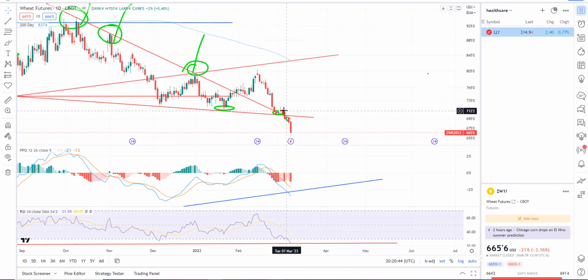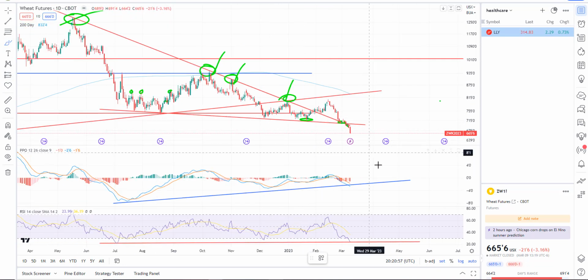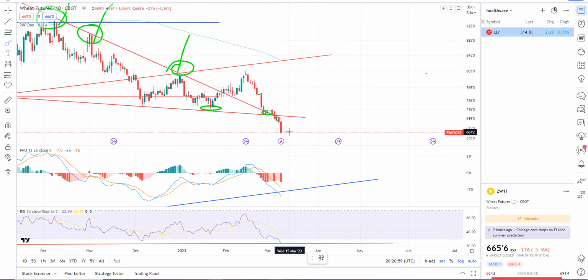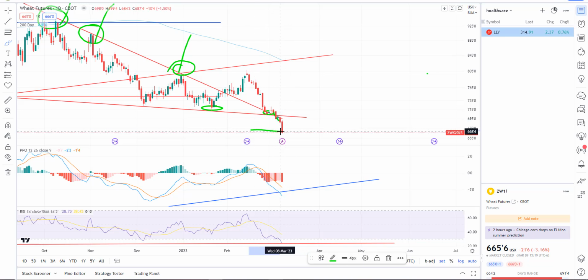Then we have this flush out move. As of now, I'm going to give it a little more room. I think this is a flush out move and they're going to pop this thing back up and recover it. I'm not willing to give it too much more room. I will stop out. That's the name of the game. Sometimes we just have to take losses, and that's how we do it. But I'm going to give it a little more room here and see if we can recover.